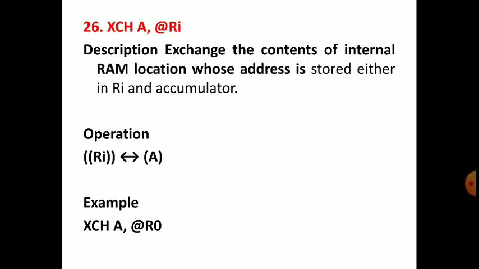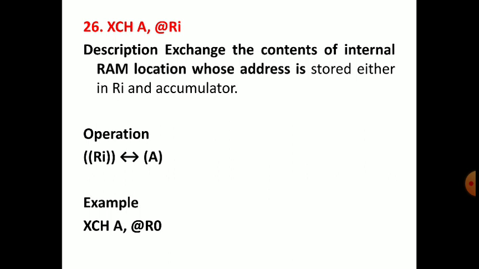So the operation, if you see the double parenthesis on RI, that is indirect addressing, that means first RI has some contents that will be represented as the address of the required contents. See the double arrow symbol, because it is an exchange operation.